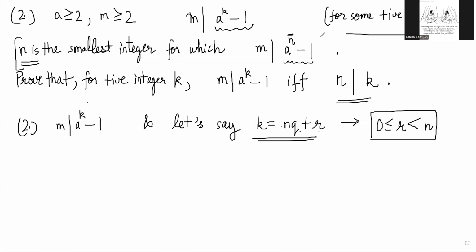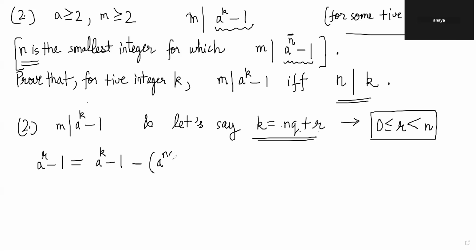This fact is what we need to use. n is the smallest integer for which m divides a power n minus 1. Okay, so a power r minus 1 is equal to a power k minus 1 minus a power nq minus 1 into a power r. See, what have I done here?